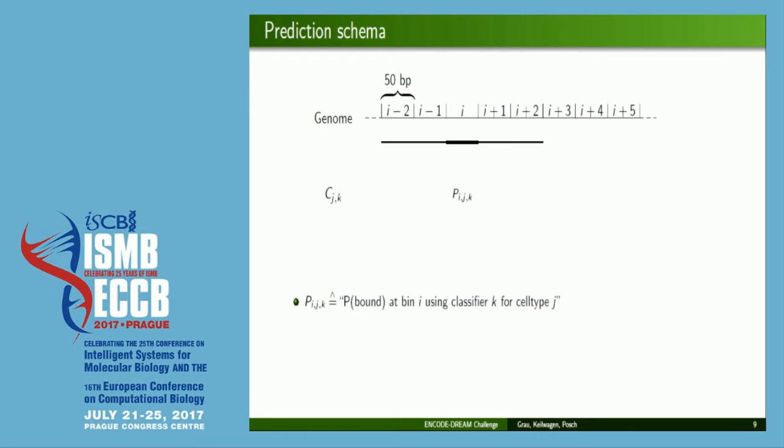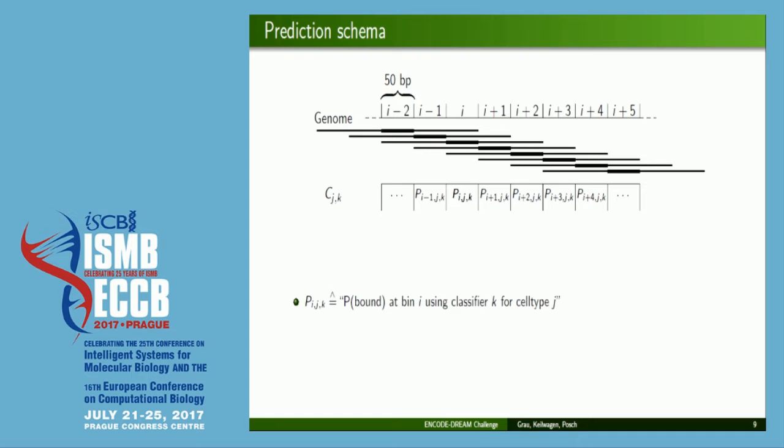And this is represented by the classifier for cell type J. The kth classifier of those 3 we learned gives a probability for that specific bin. And we can compute those probabilities for all the bins along the genome.